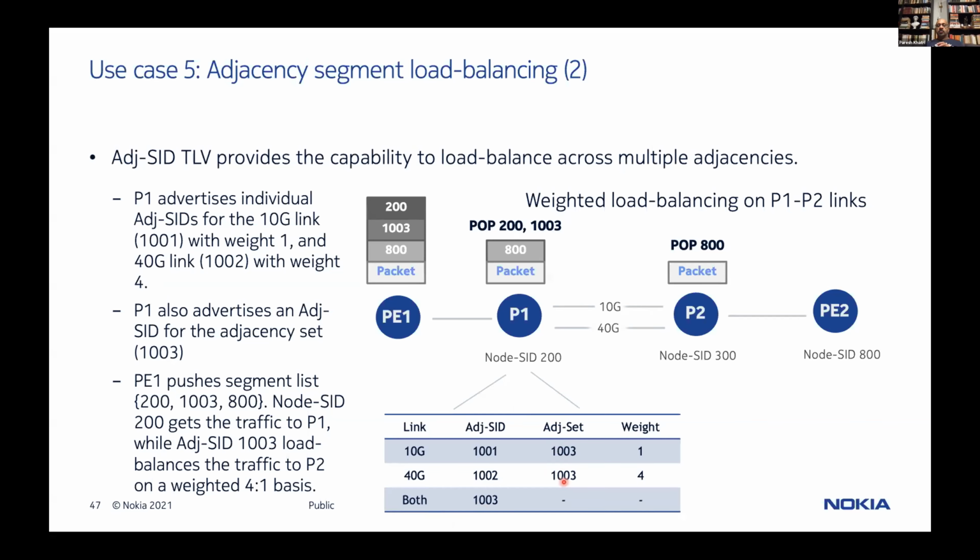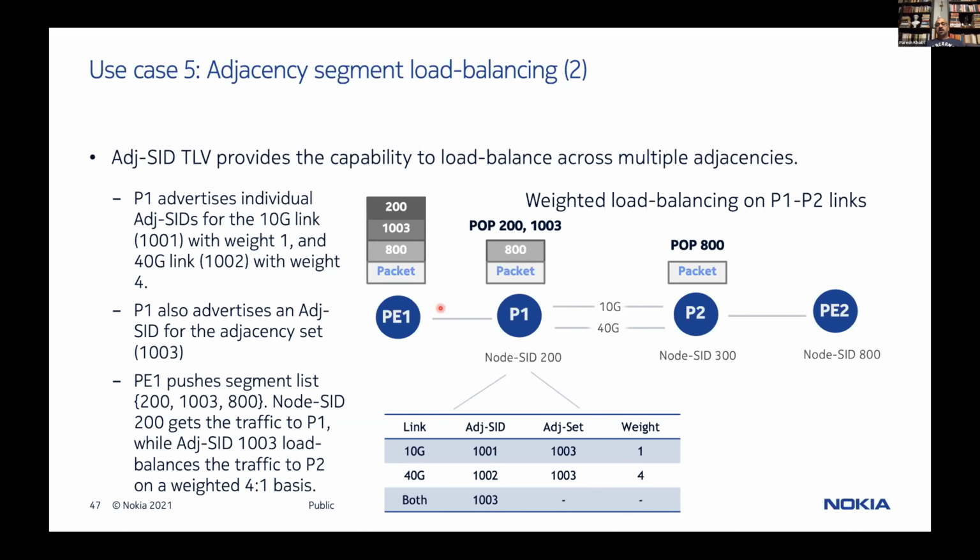Now, we also assign weights to them. As you can see here, the 10 gig link has been assigned a weight of 1, and the 40 gig link has been assigned a weight of 4. So it's in proportion to their relative capacities. So what's going to happen now is when PE1 sends traffic to PE2, it's a little bit more complex.